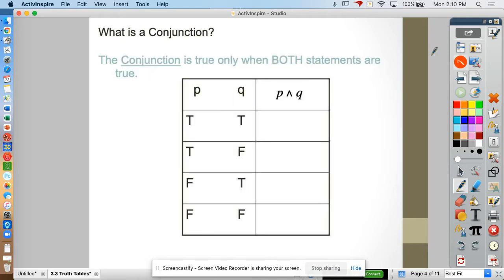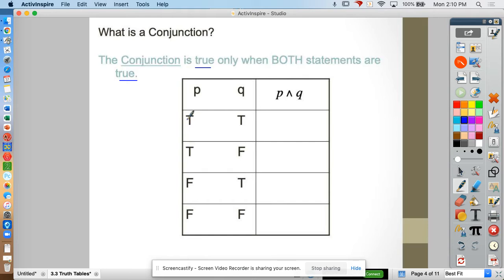The conjunction rule says the conjunction is true only when both statements are true. Now our table looks a little bit bigger, and this is the way it always starts because, again, a statement is either true or false, but look at these different combinations.